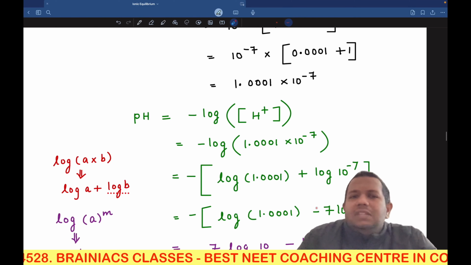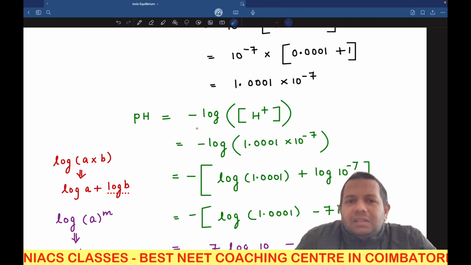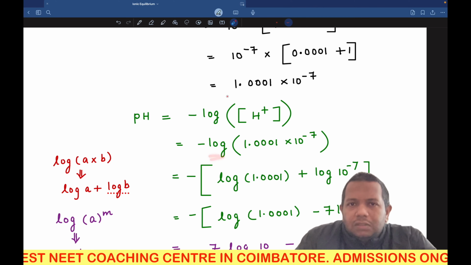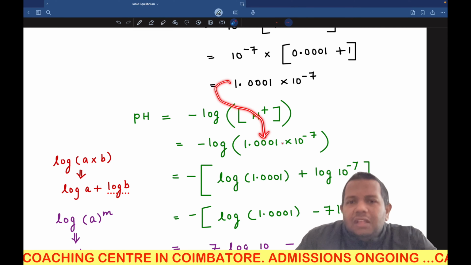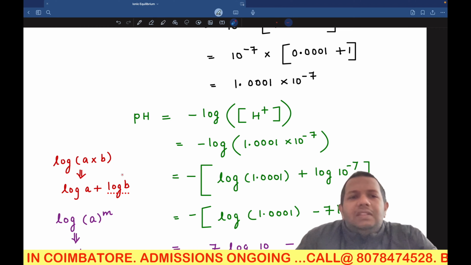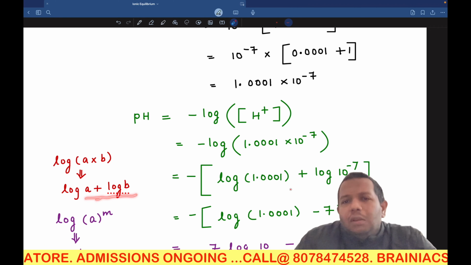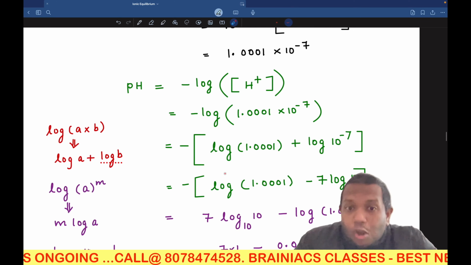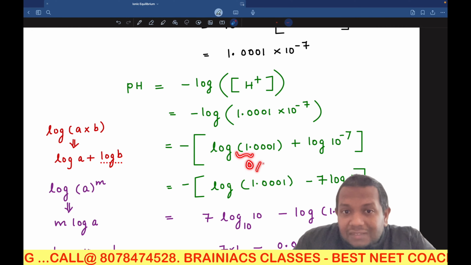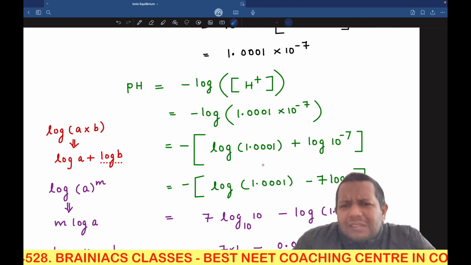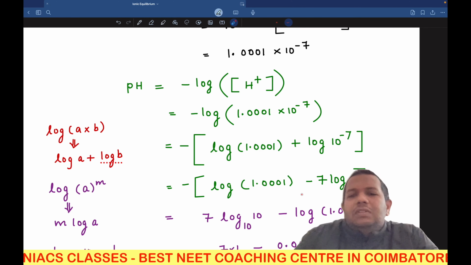Now we will calculate the pH. pH is minus log of H plus ion concentration. So minus log of this particular value I am inserting here. Log of A into B is log A plus log B, so I am expanding it. Please understand, it is not log 1, because if it were log 1, I would get 0. But it is log 1.001, so it is slightly greater than 0.